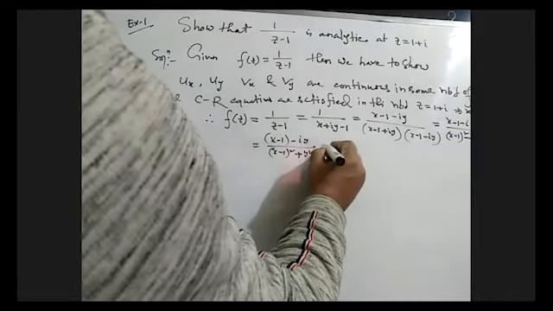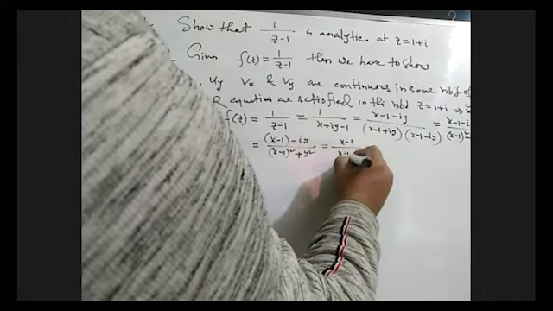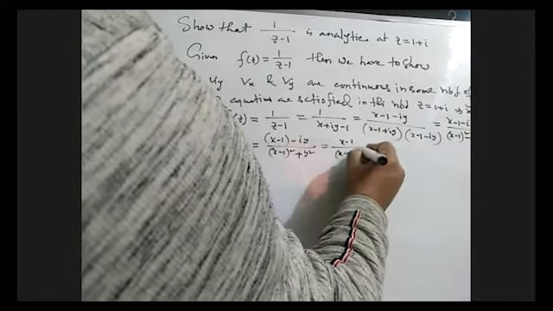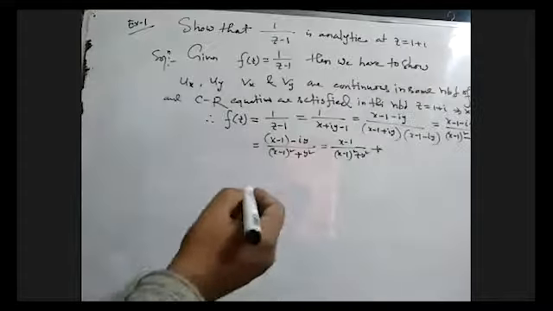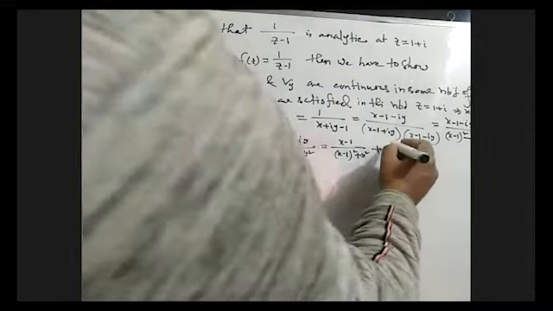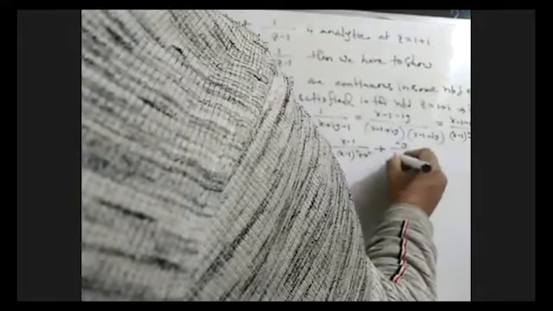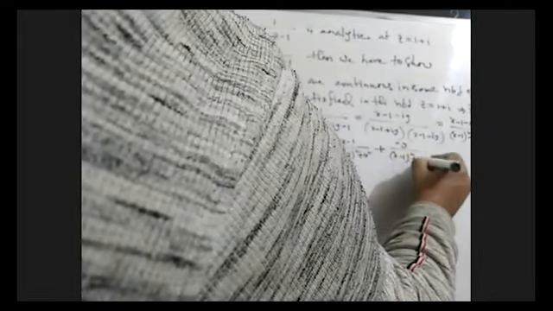Then I removed i from the numerator. Now we can divide it into two parts, real part and imaginary part. The real part and imaginary part will be minus y divided by x minus 1 whole square plus y square, times i. Or it can be written like this.